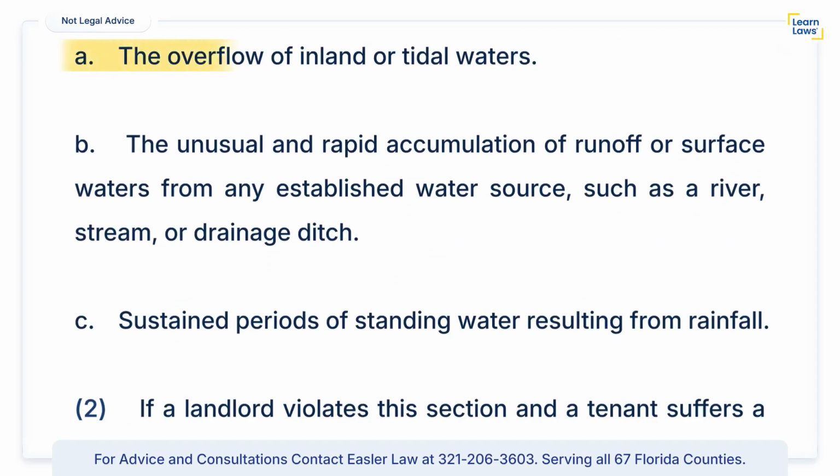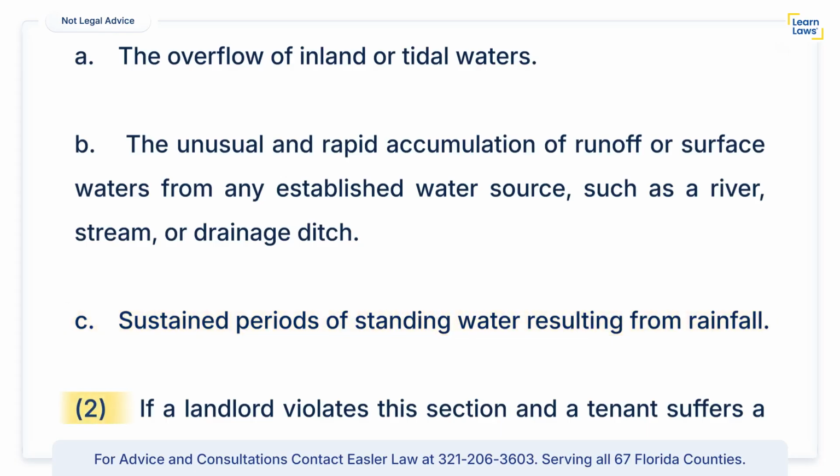A. The overflow of inland or tidal waters. B. The unusual and rapid accumulation of runoff or surface waters from any established water source, such as a river, stream, or drainage ditch. C. Sustained periods of standing water resulting from rainfall.